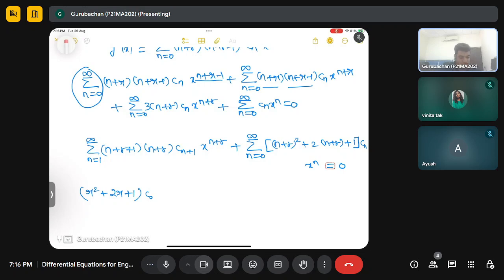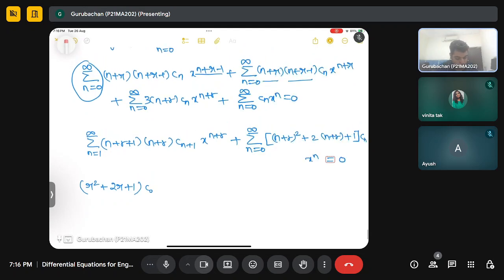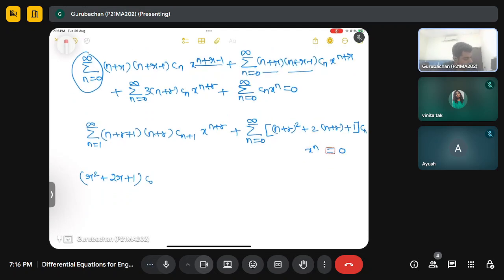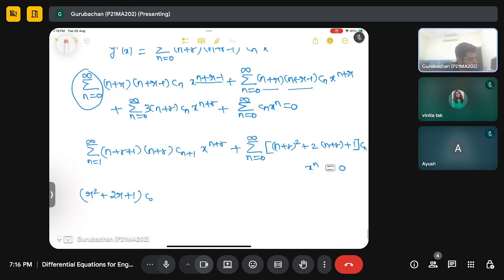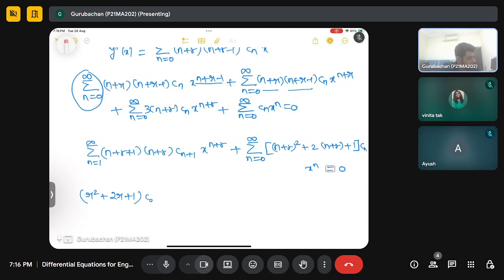I think this is correct. So from here, n equal to 0, we have put in this term.